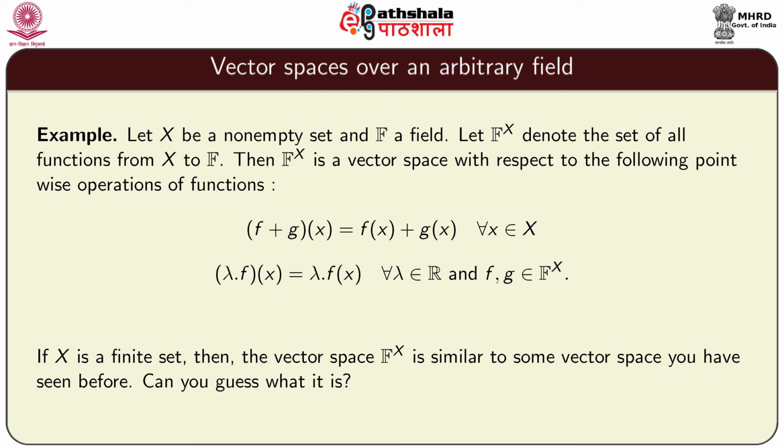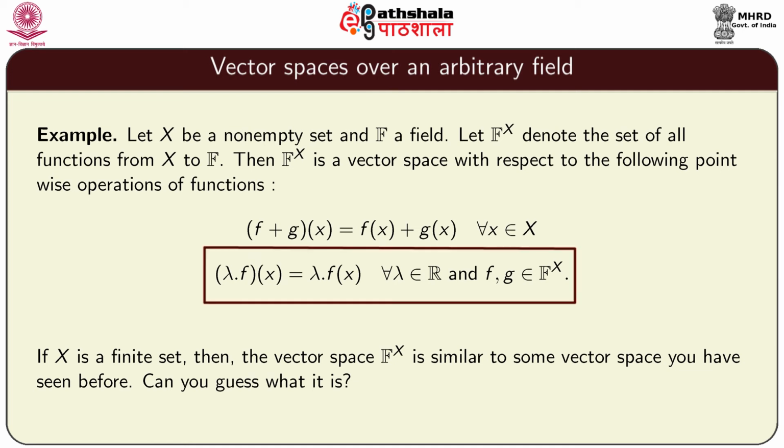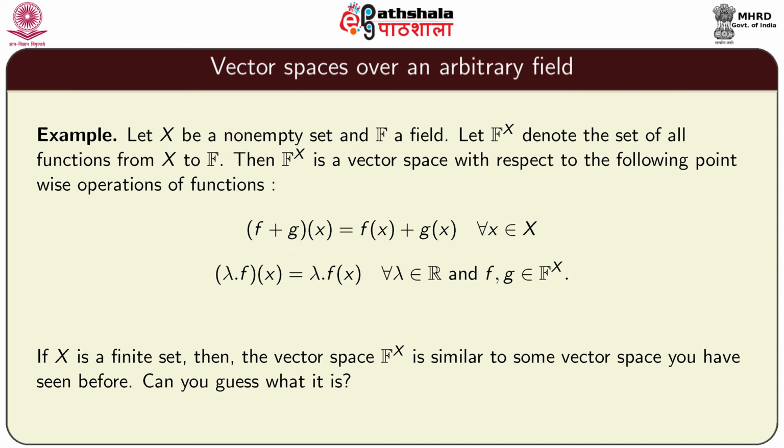So, f plus g is defined as (f plus g)(x) is equal to f(x) plus g(x), and lambda f is defined as (lambda f)(x) is equal to lambda f(x), where lambda is a scalar and f and g are functions from X to F, that is f and g are elements in the set F to the power X. Again, it is sort of straightforward to verify that this is indeed a vector space over the field F.